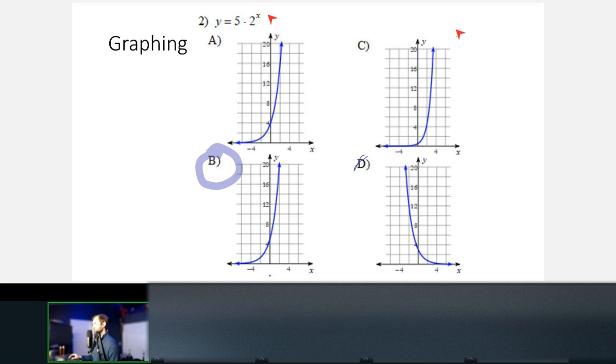If you have a horizontal shift or a vertical shift, this number will not be the y-intercept. Again, if you have either a horizontal or a vertical shift, this will not be the y-intercept. 2 to the 0 is 1. 1 times 5 is 5. Hopefully that answered your question.